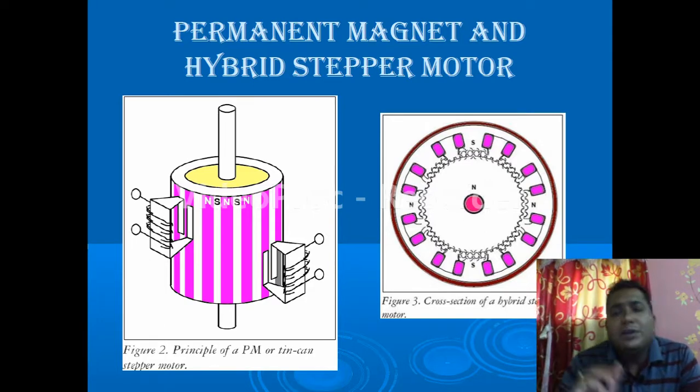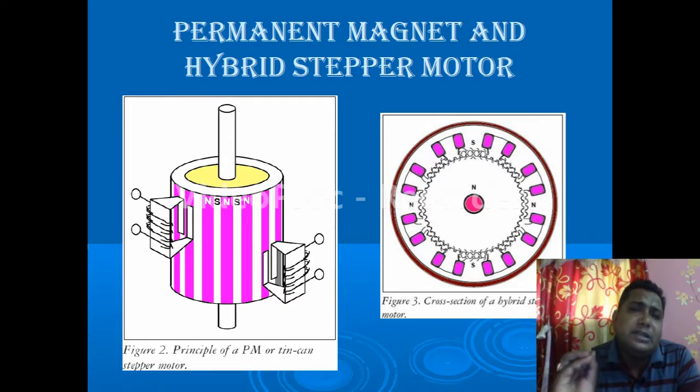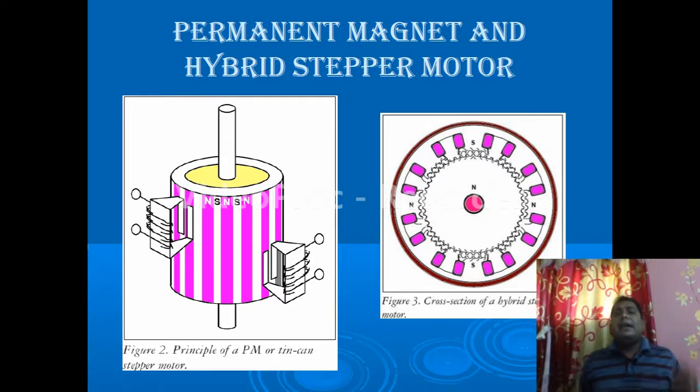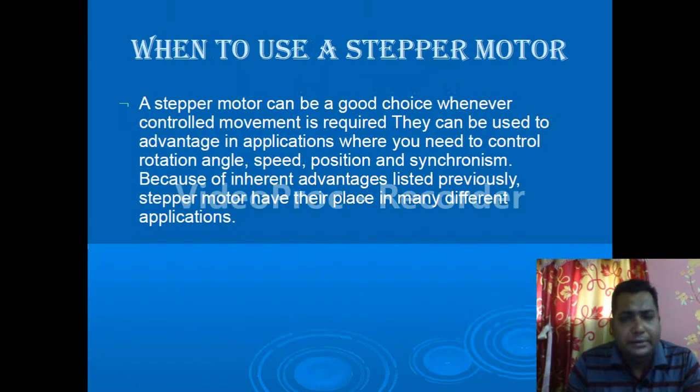The basic principle of the stepper motor is the attraction between opposite poles, north and south. If there is a north on the rotor and a south, they will attract each other. Depending upon this principle, stepper motors are made.